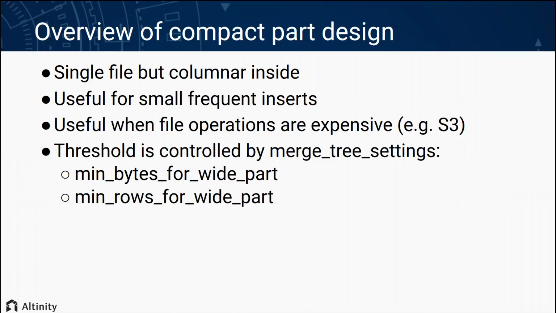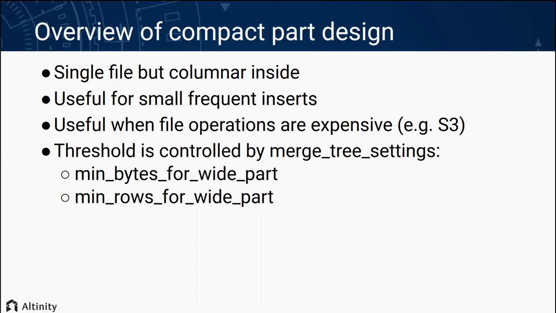What it means is that it's much faster for inserts. The original design idea was to make inserts, especially small inserts, faster. If you have experience with ClickHouse, you know when you insert data too fast and in small chunks, ClickHouse doesn't perform well, and you may get into some problems. Compact parts were focused on fixing this problem.